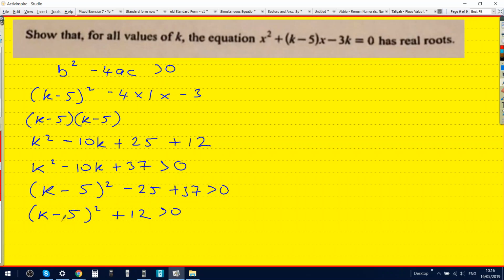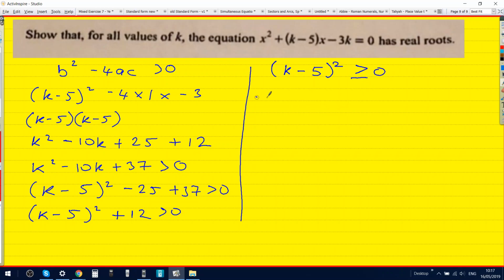12 is greater than 0. What do you know about k minus 5 squared? Anything squared. What's the lowest value you can get for it? It has to be above 0. Yeah, so basically that's always greater than or equal to 0.